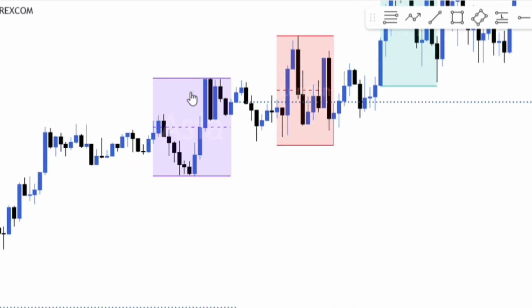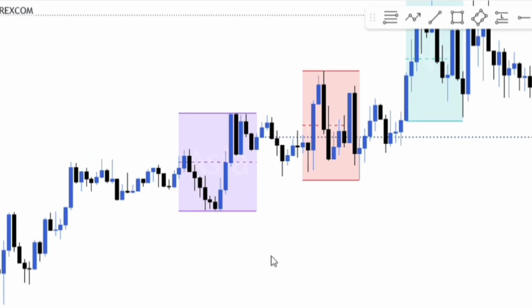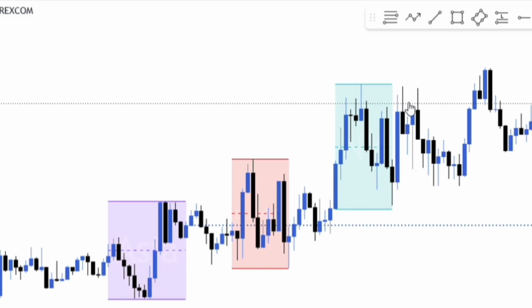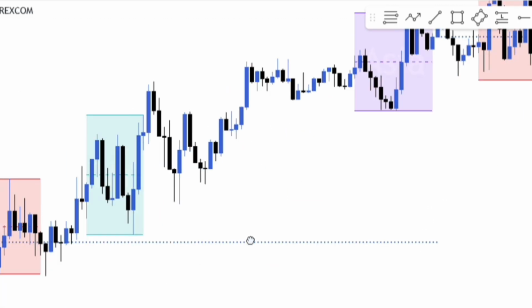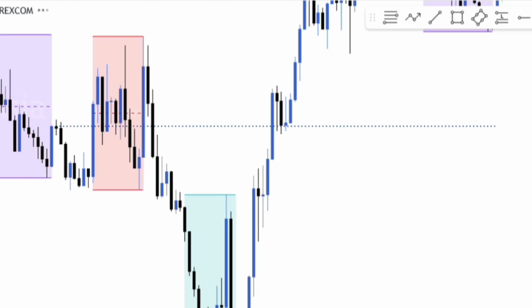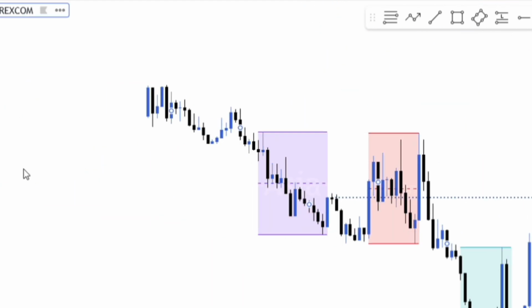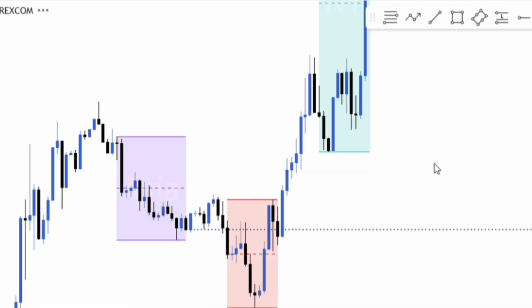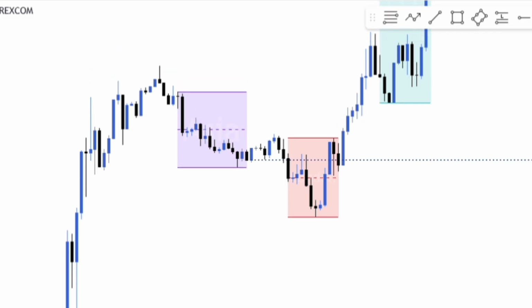Now this is the Asian range. This is our London session and this is our New York session. This particular indicator is going to keep showing you everything about the Asian open, New York close.